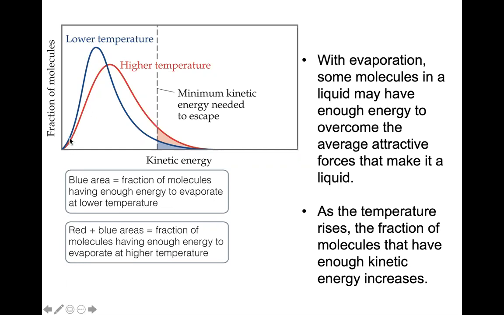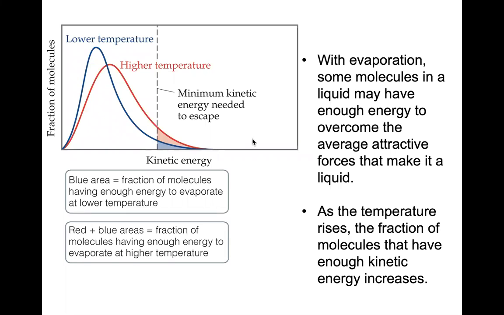If we increase the temperature, we can see a shifting of that profile. But at any given point in time, some have a very low kinetic energy and some have a much higher kinetic energy. The temperature is a measure of the average kinetic energy. It's not saying every particle has that. Some have higher, some have lower. It's the average that the kinetic energy is telling us for the temperature.